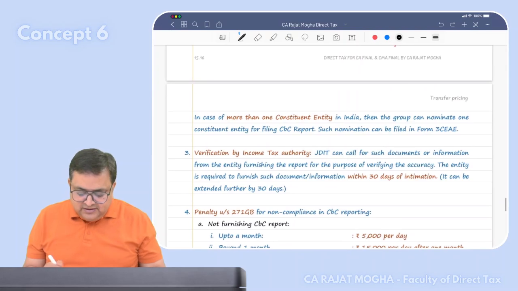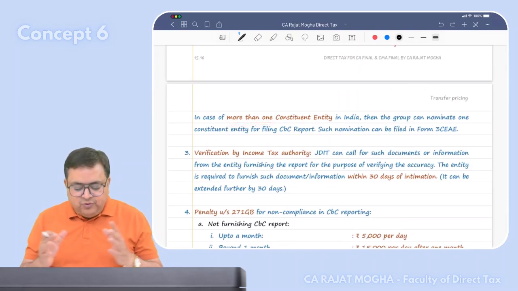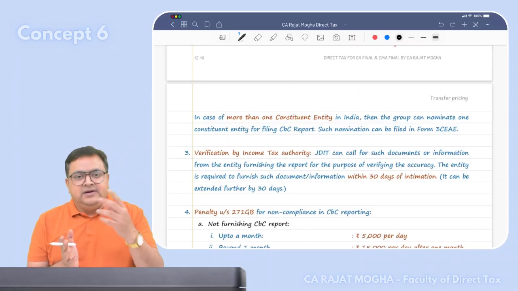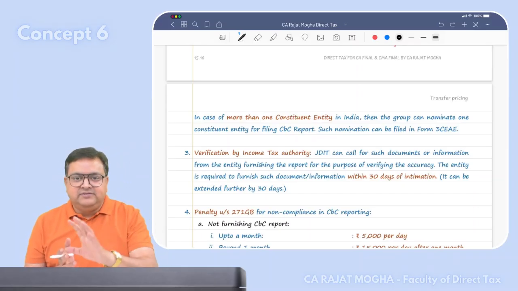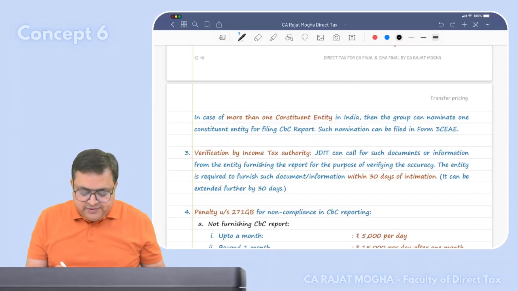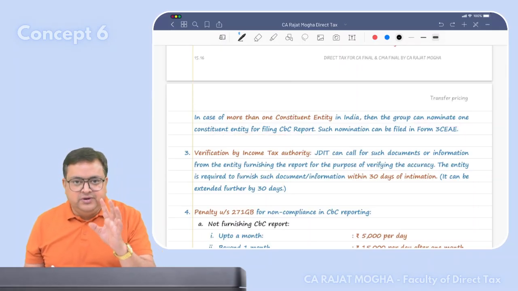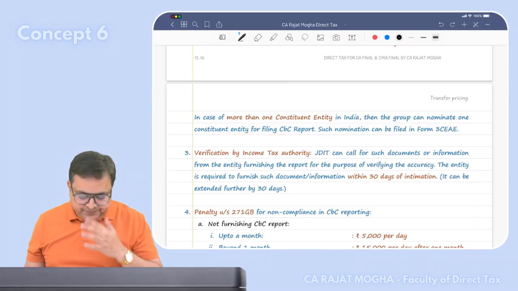And obviously, this is not that important. If there is more than one constituent entity in India, let's say one is Bangalore, one is Mumbai, one is Delhi, only one of them has to do it. In case of more than one constituent entity in India, the group can nominate one constituent entity for filing the CBCR report. Only one of them has to intimate. We don't want duplicate reports.